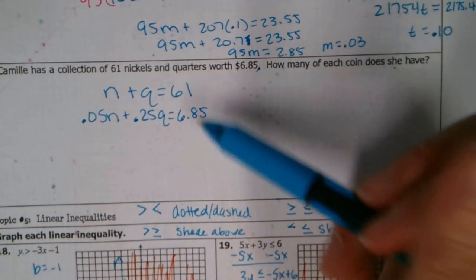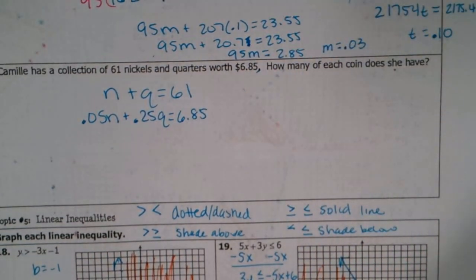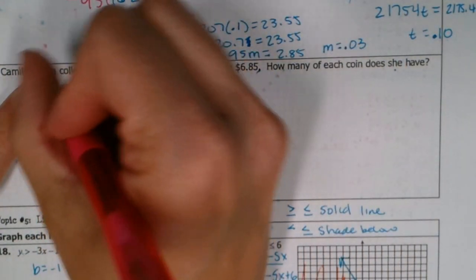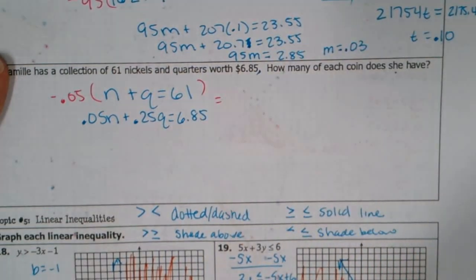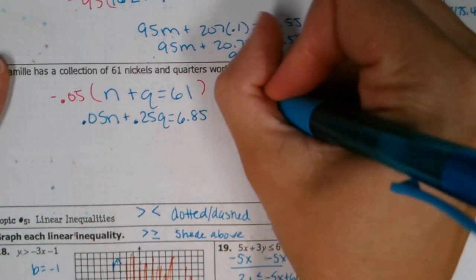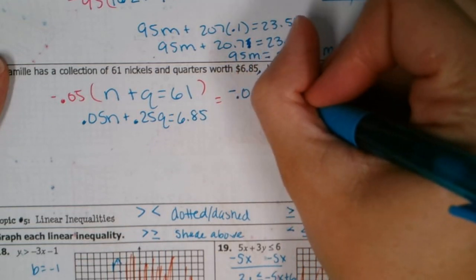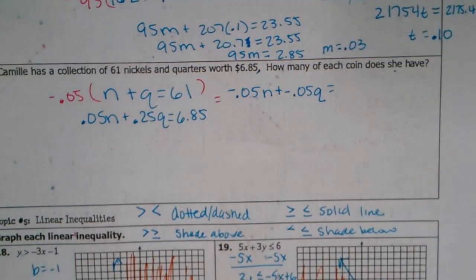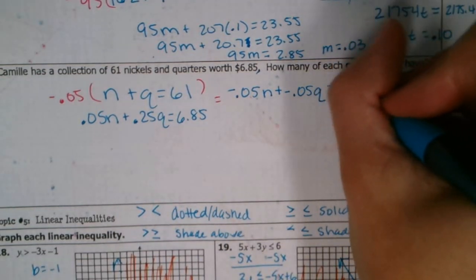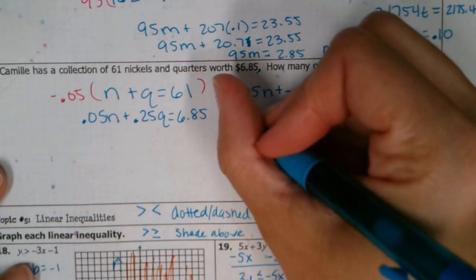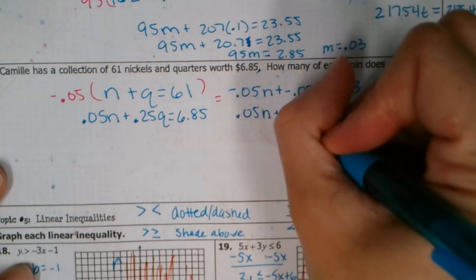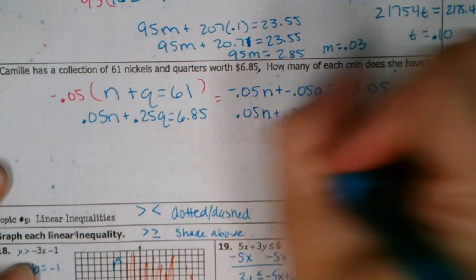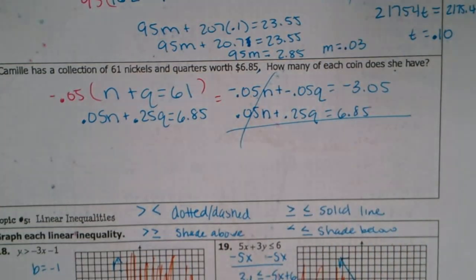So again, we don't have opposites, we need to get opposites. So if I multiply the top equation by negative 0.05, that's going to give me an opposite. I don't have to multiply the bottom equation. And now I combine them, my nickels cancel out.